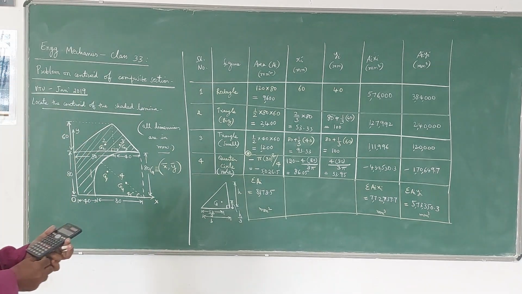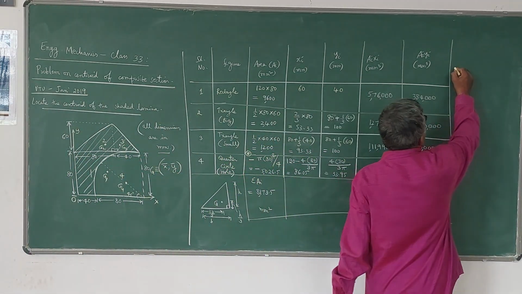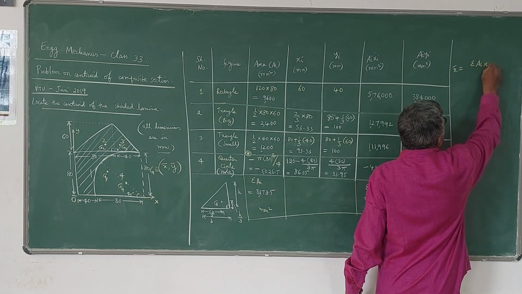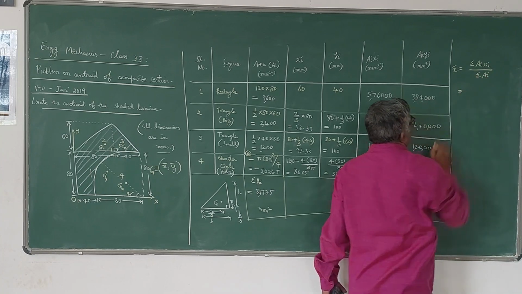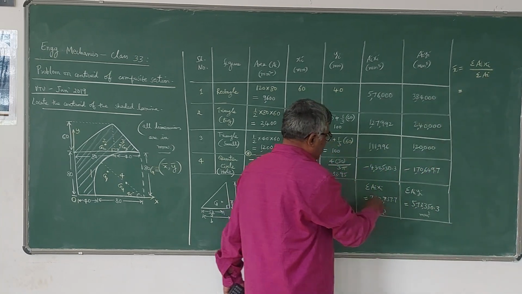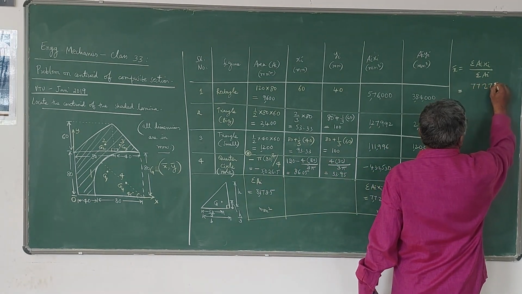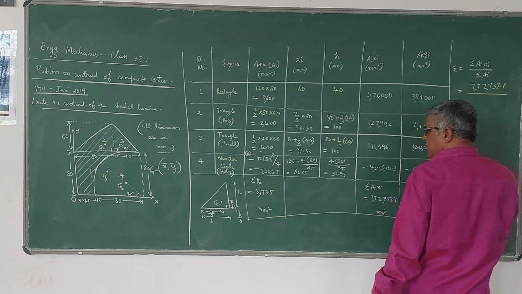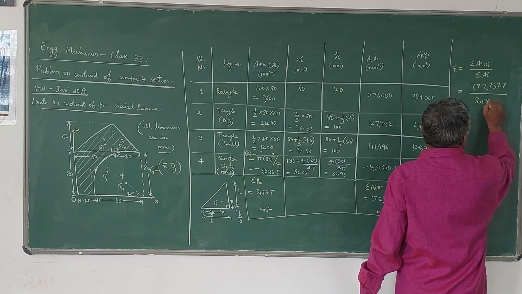Now by using the formula, x bar is equal to summation AIXI divided by summation AI. So you will get 737.7 divided by sigma AI, which is 8173.5.